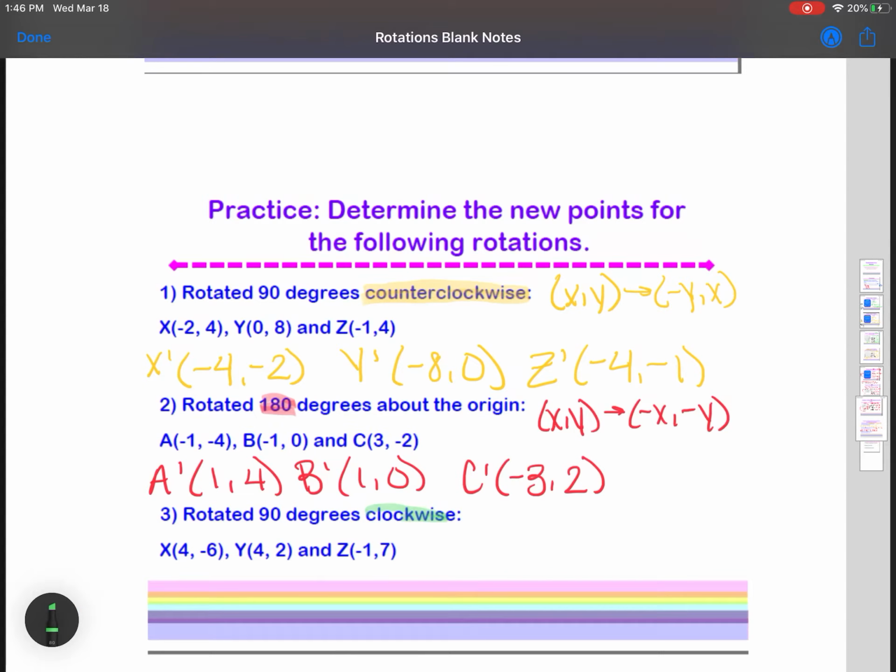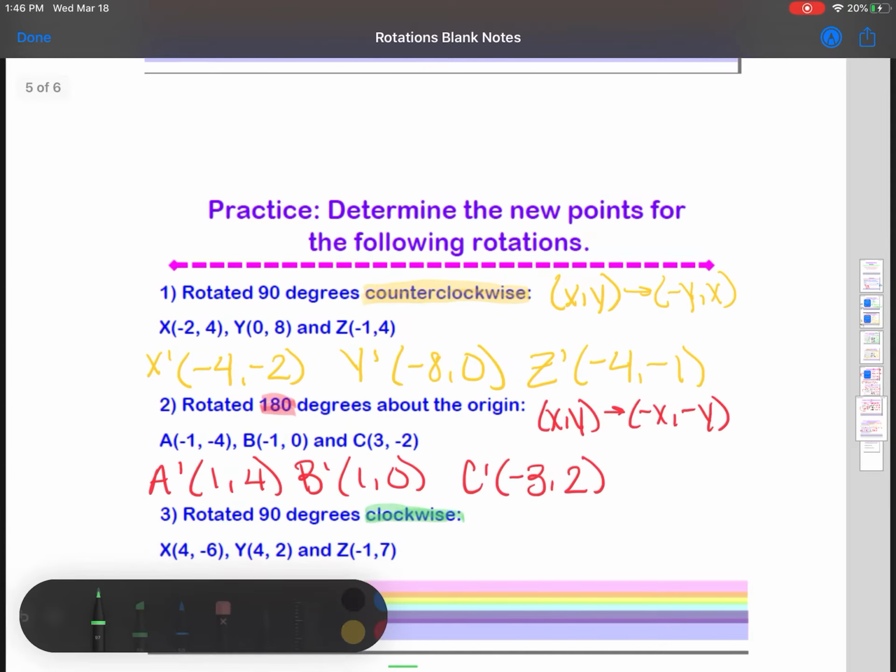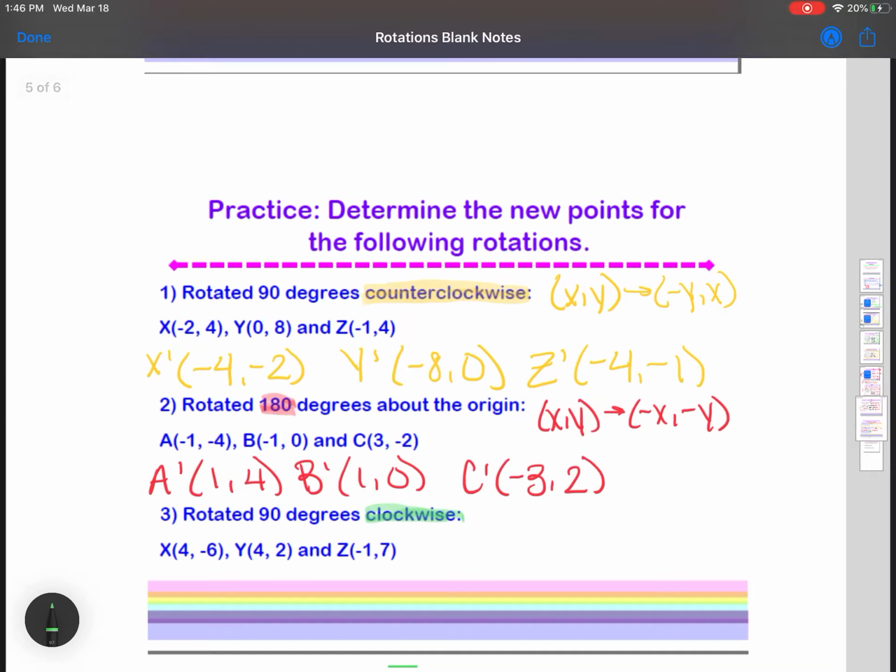Okay? And in the last example here, I'm going clockwise. Clockwise, my rule, I'm taking the other negative. So, xy becomes y, negative x. Okay? So, x prime, y stays the same, negative 6.